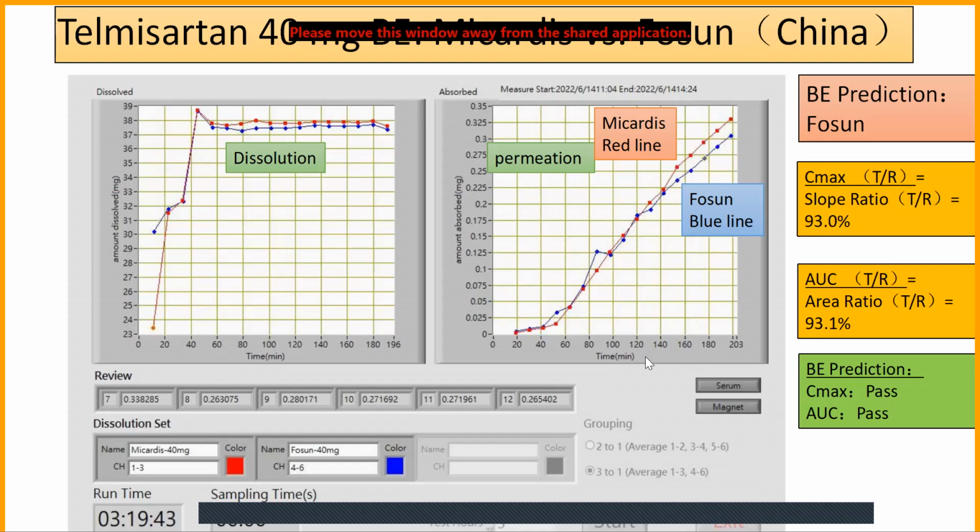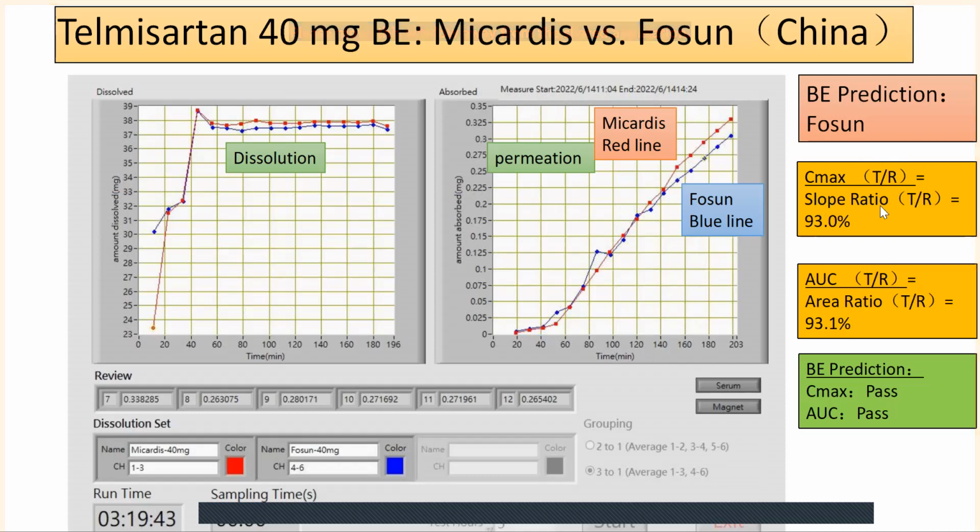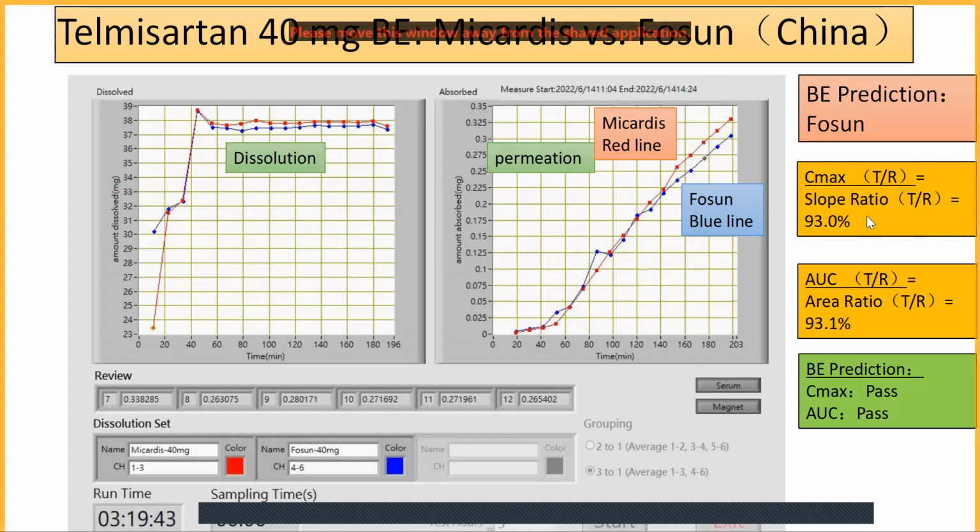That is slope, and that is your slope of, let's say, blue to red. So you will get a slope ratio, right? That slope ratio really tells us how close the test product is to the reference product. Now, in this case, it's 93% for fluorescence, okay?